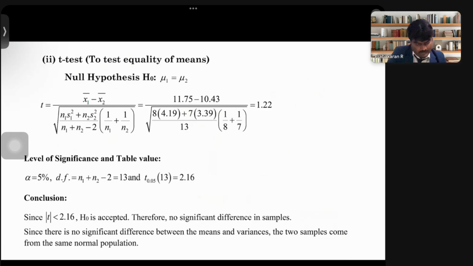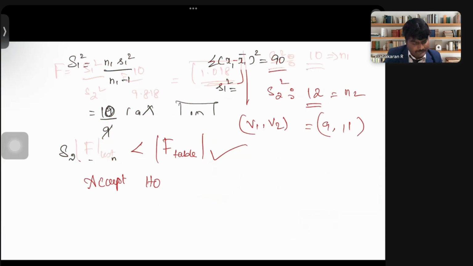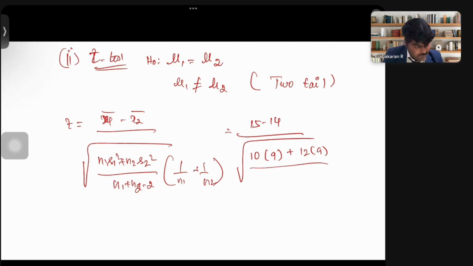First sample: 10, 15, 14, 15, 14 and so on. 15 minus 14. The first sample size is 10 and variance is 9; the second sample size is 12 and variance 9. So 10 plus 12, 22 minus 2, 20, of 1 by 10 plus 1 by 12.